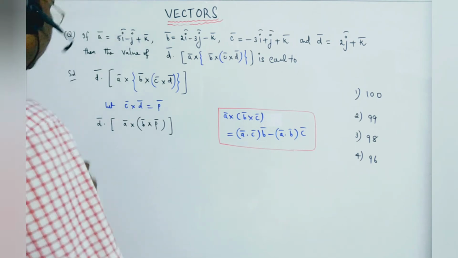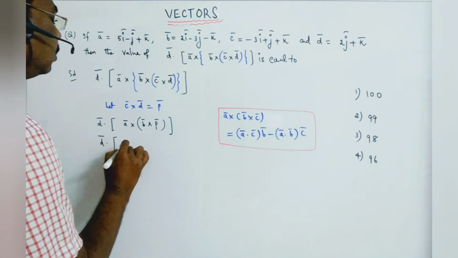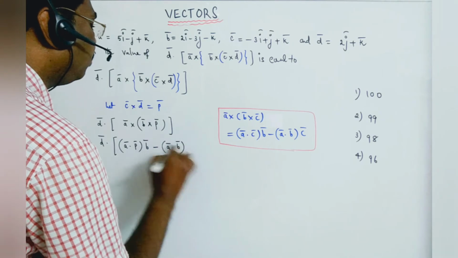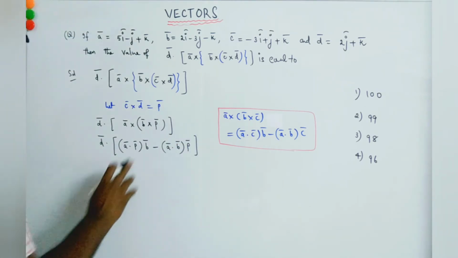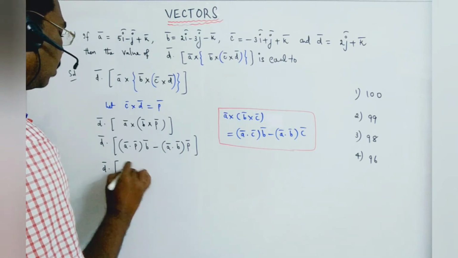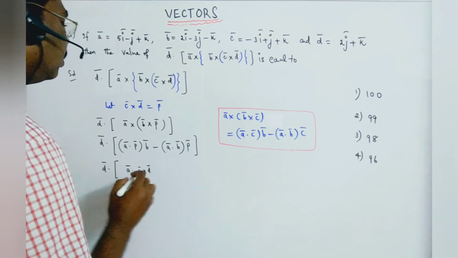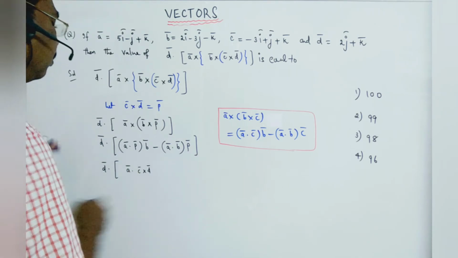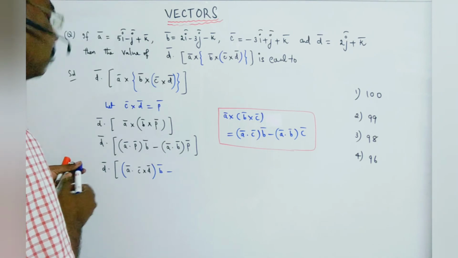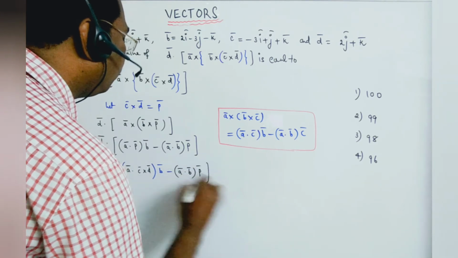According to the formula, expand: d bar dot a bar dot p bar into b bar minus a bar dot b bar into p bar. Now p bar value is c bar cross d bar.